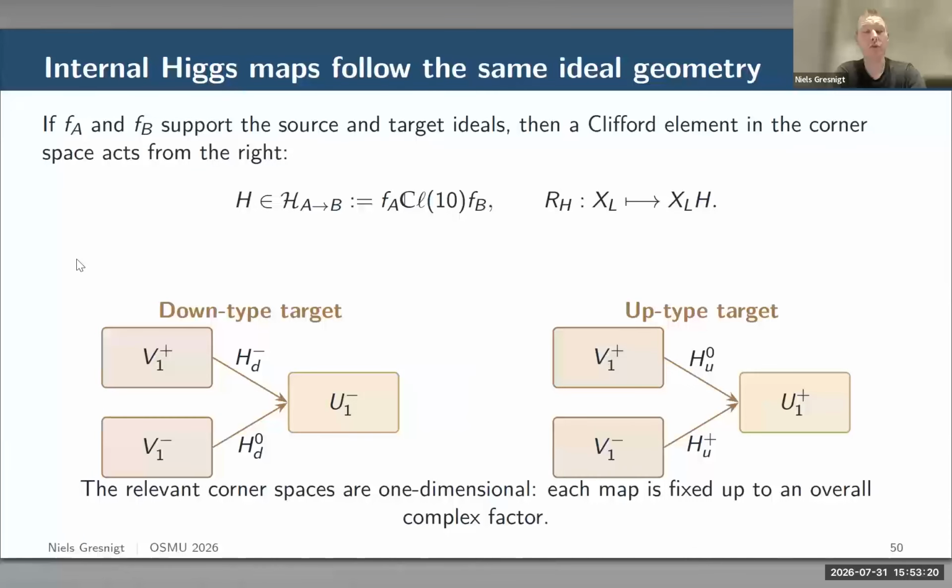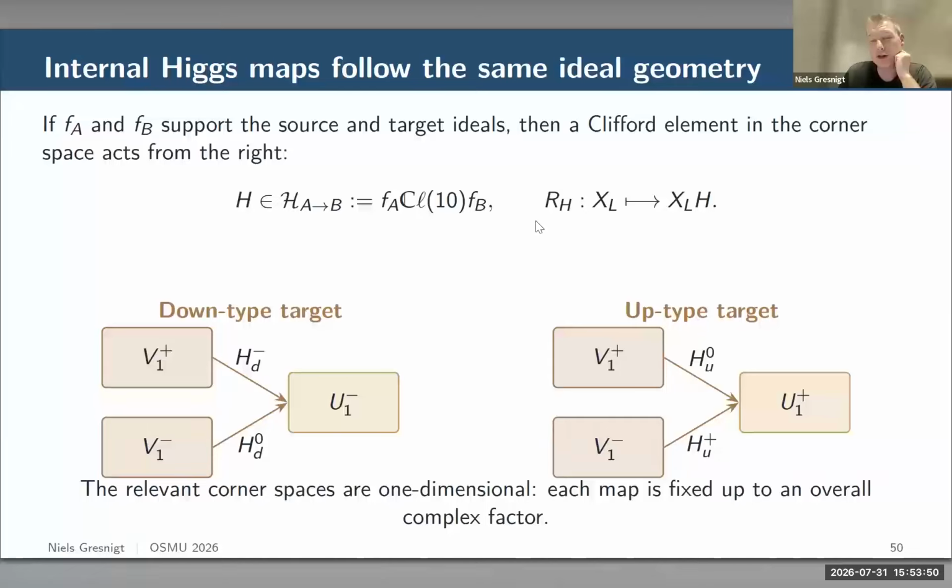So if we take two primitive idempotents, Fa and Fb, and let's say that they support the source and the target ideals, then a Clifford element, we can take it to act from the right. So we can take a Higgs map to be some H that takes us from the ideal that's built on the primitive idempotent Fa to the primitive idempotent Fb.